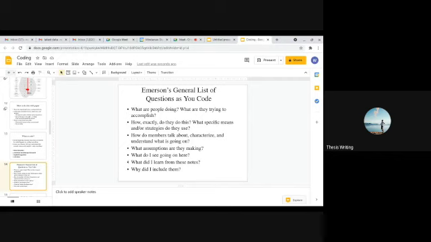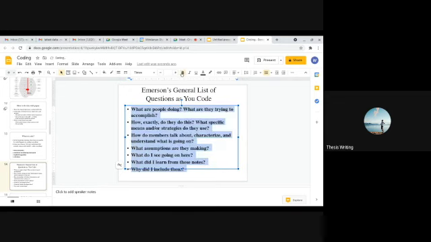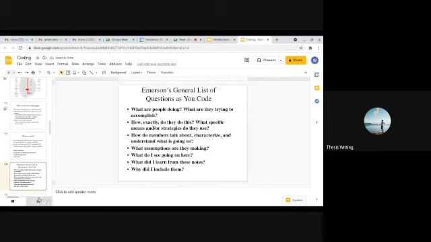What do I see going on here? What did I learn from these notes? Why did I include them? These are the questions to remember when you are coding. They are important in the coding process because they will give you more comprehensive notes in your work.